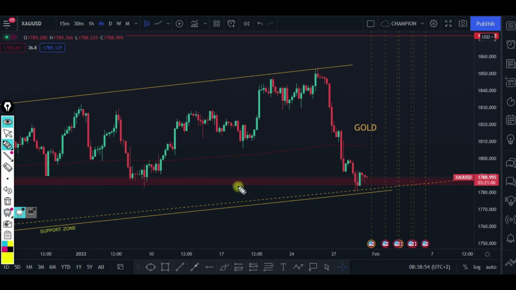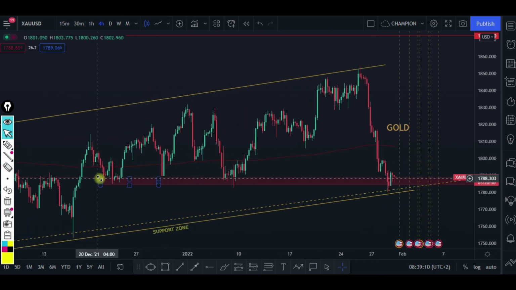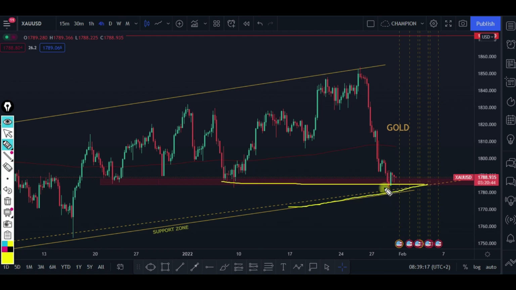If the market breaks out of this area and this diagonal support, we're going to see something like this, where the market will be giving us a bearish movement. These are very beautiful moves, man. The market is on the horizontal support, respected diagonal support, broke into the previous support area, and now it's playing around it.